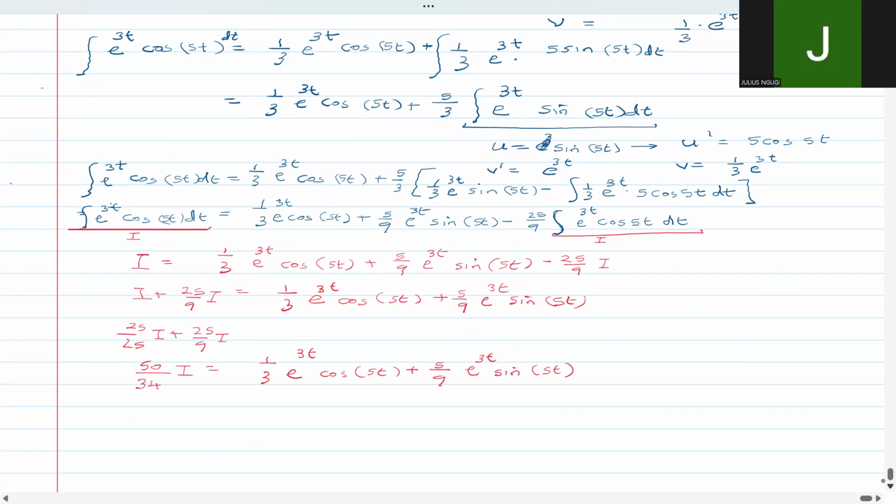Then to isolate this integral which we started with, it will be equal to the right-hand side multiplied by the reciprocal of 34 over 9, multiplying everything on the right-hand side.